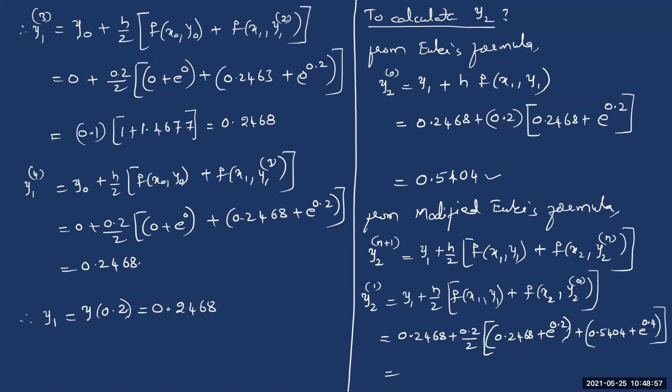I'm just using my calculator to calculate this. E power 0.2 plus 0.2468 plus 0.5404 plus e to the power of 0.4. Right, I'm closing the bracket here. This is multiplied by 0.1, then plus 0.2468.